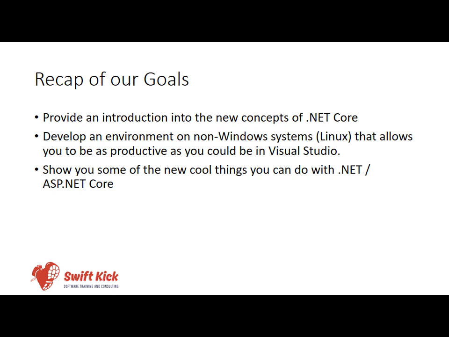So I hope that we covered the main goals of this series. The first one was to provide you an introduction to the new concepts of .NET Core. We showed you command line stuff. How do you scaffold out an application? How do you put all the pieces together? What's the big difference between an ASP.NET Core application and, say, an application built on ASP.NET 4.5?